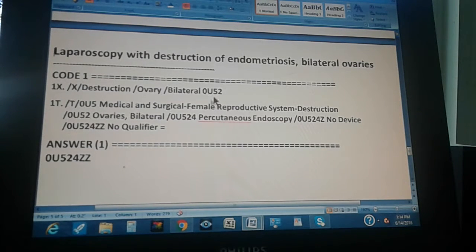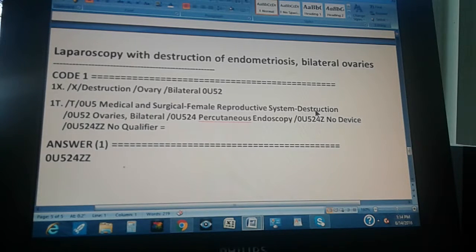So we go to the tabular now. The code through the tabular is found like this. First you go to the tabular section of the book, and then you start with the first 3 characters, which is 0U5. What's 0? Medical and surgical. U is female reproductive system, and 5 is destruction.